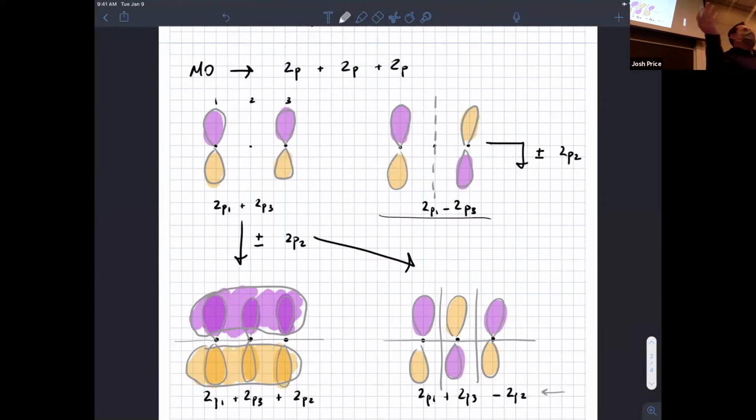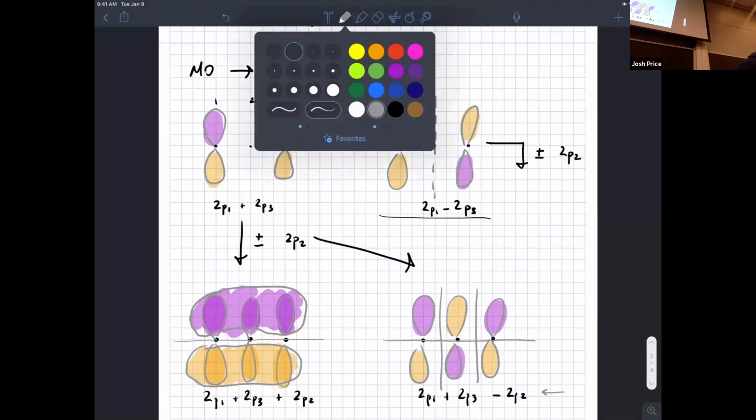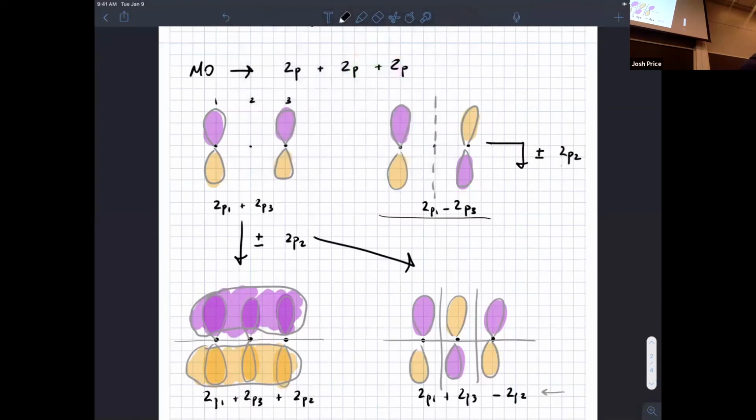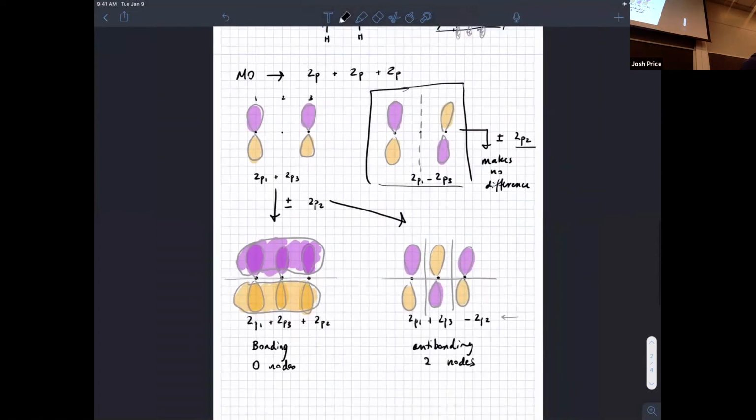And what that means is it actually doesn't matter. We can't mix in the 2p2 orbital there because there's already a node there and it would go to 0. So mixing in that 2p from carbon 2 makes no difference at all. So this becomes our third molecular orbital that we were missing.